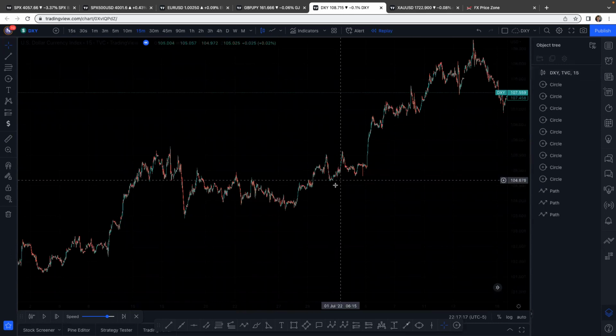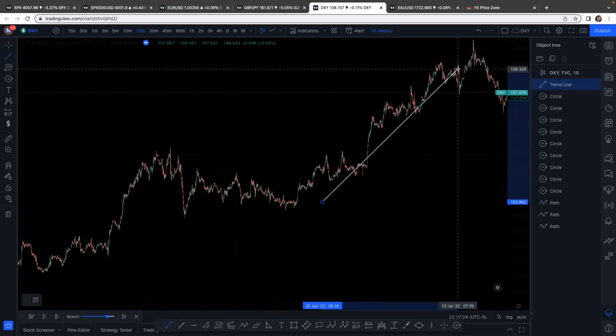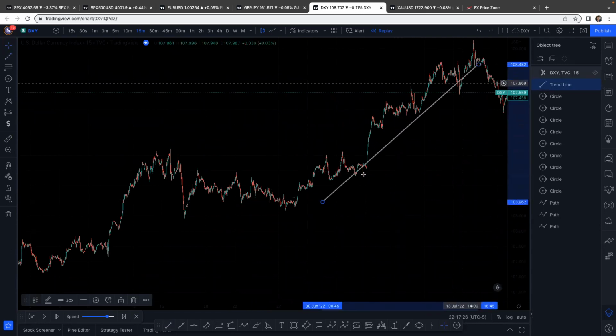So for instance, let's just use this particular area right here. The market is moving in this up direction.